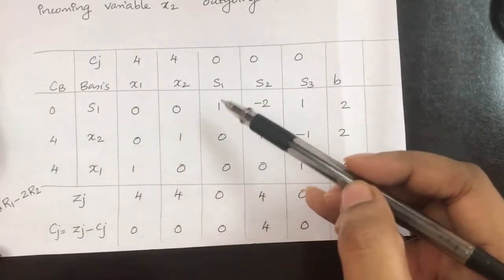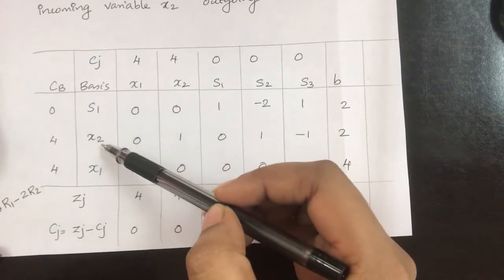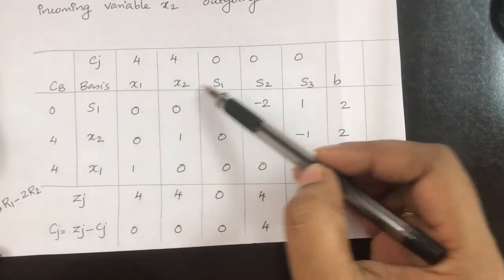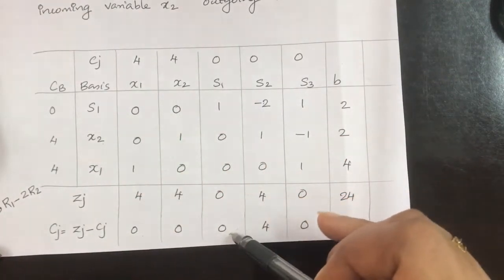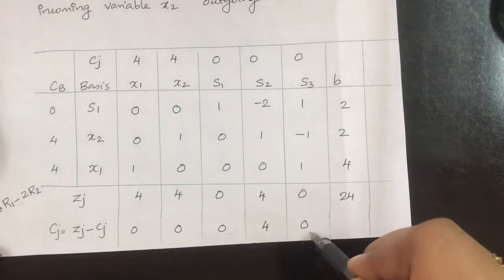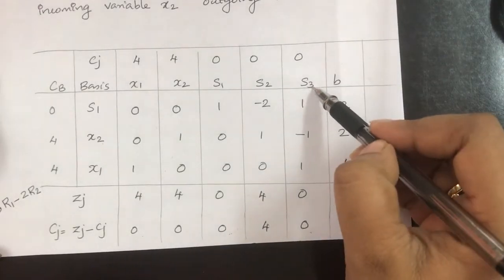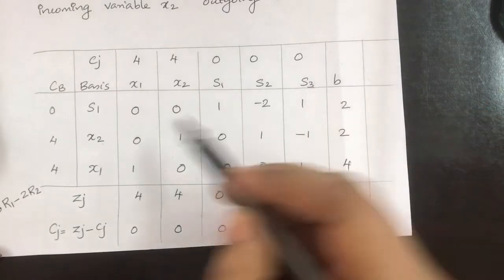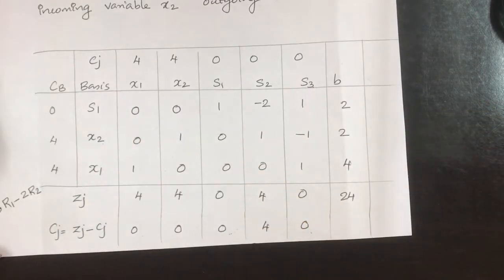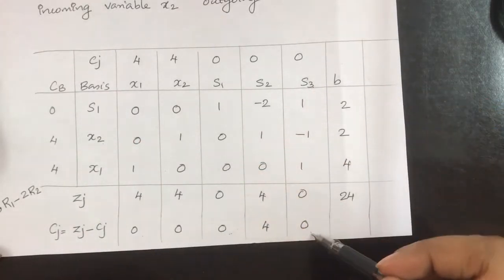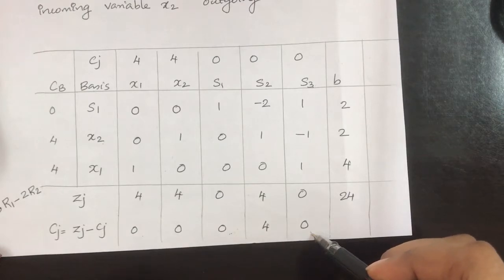So all basic variables, that is S1, X2 and X1, are 0. At the same time, S2 is a non-basic variable, not included in the basic variables, so a non-basic variable is also 0 here.